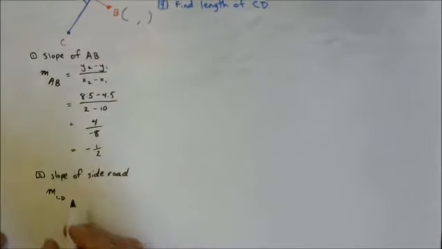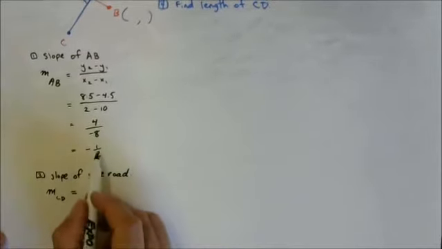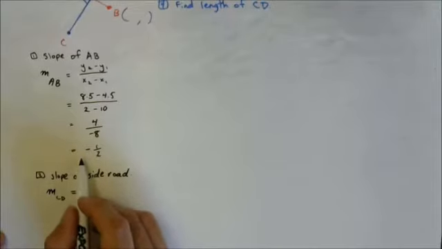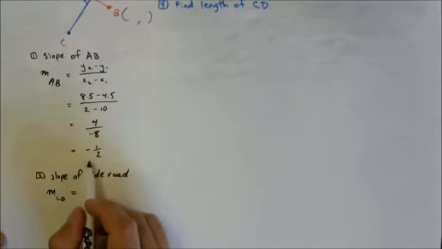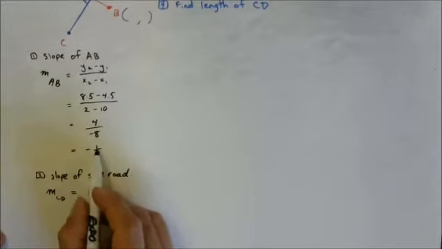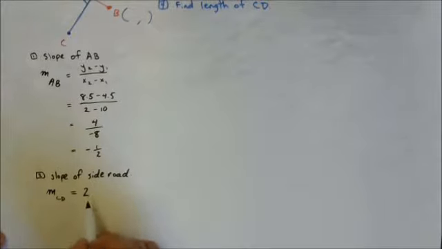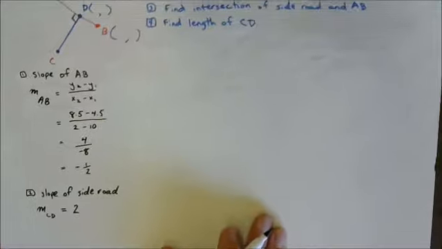The slope of CD is going to be the opposite reciprocal of negative 1/2. Opposite means instead of a negative, I have a positive. Reciprocal means flip your fraction. 2 over 1, same as 2. So the slope of the side road is positive 2.